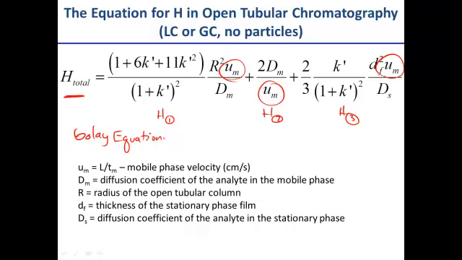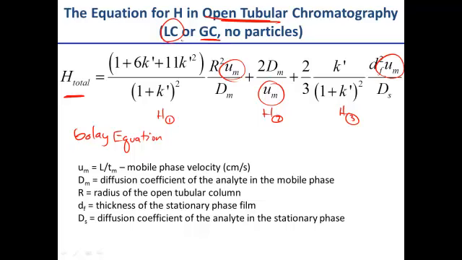It's sort of a specific form of the Van Deemter equation, I would say, that applies to open tubular GC columns. We could also say it applies to LC columns in the case that we're talking about open tubes, but remember that's not very common at all. So our focus here is on GC.